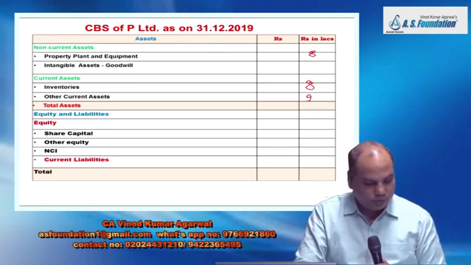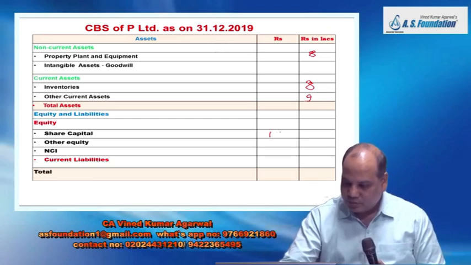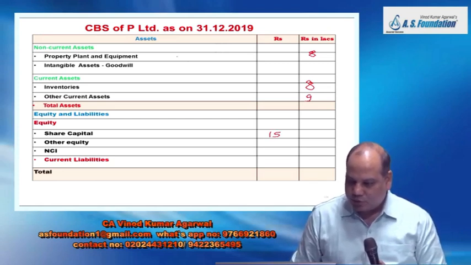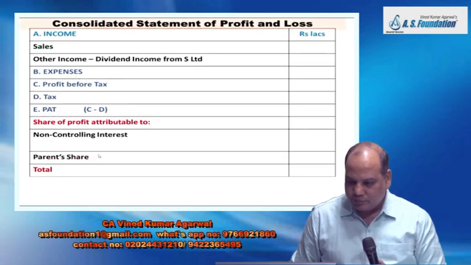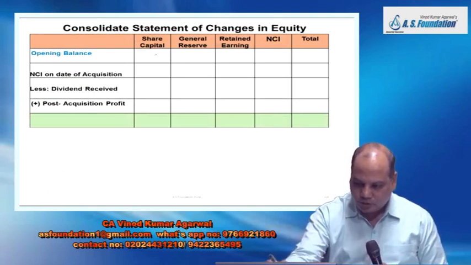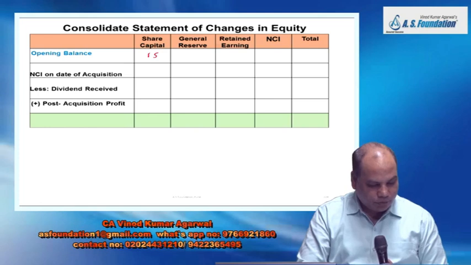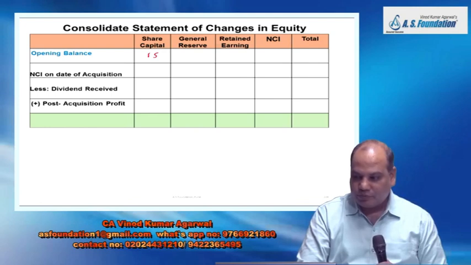9. Share capital, parent company in SOFP also, and share capital right here also. How much is that? 15. Now wait a minute. For reserve and surplus, you have to refer to the SOCIE of P Limited. Is it right?